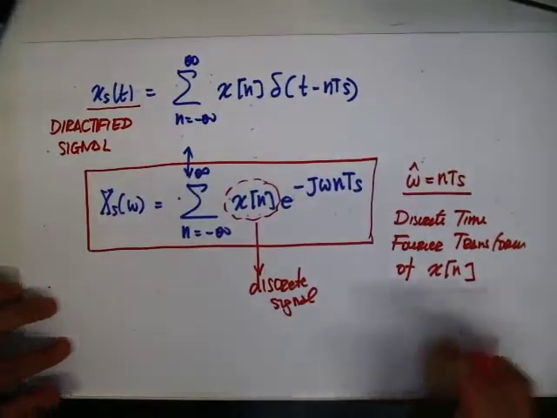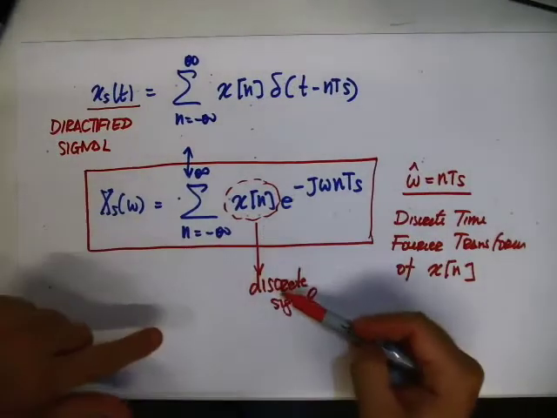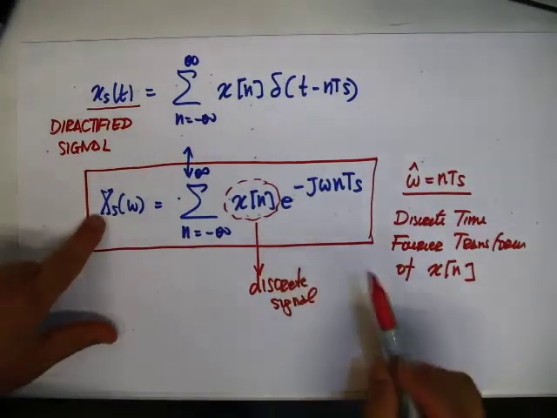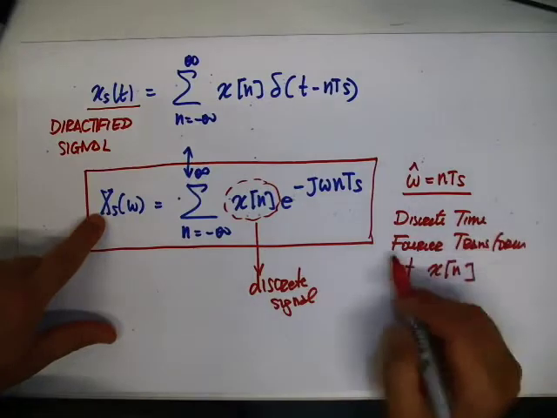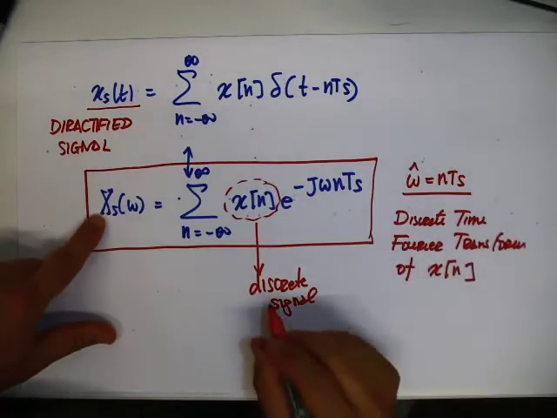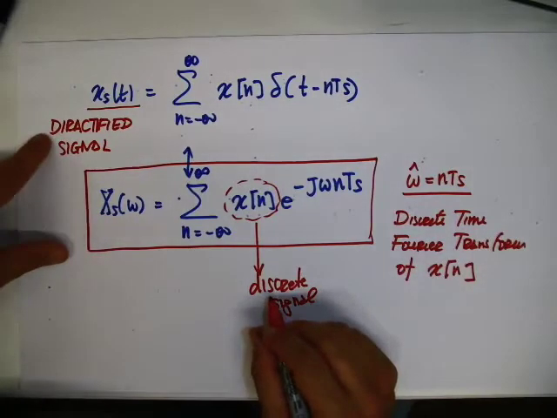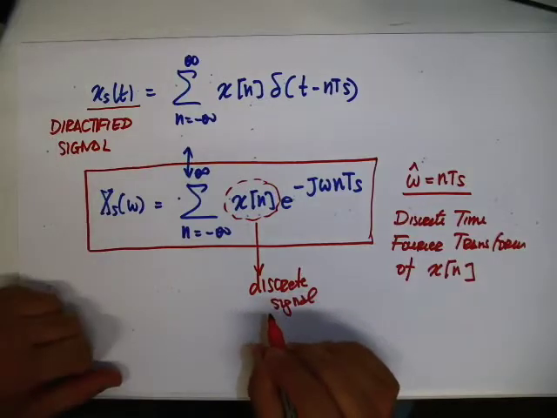And so, given a discrete signal, we can compute the DTFT as the Fourier transform of the Diractified signal.